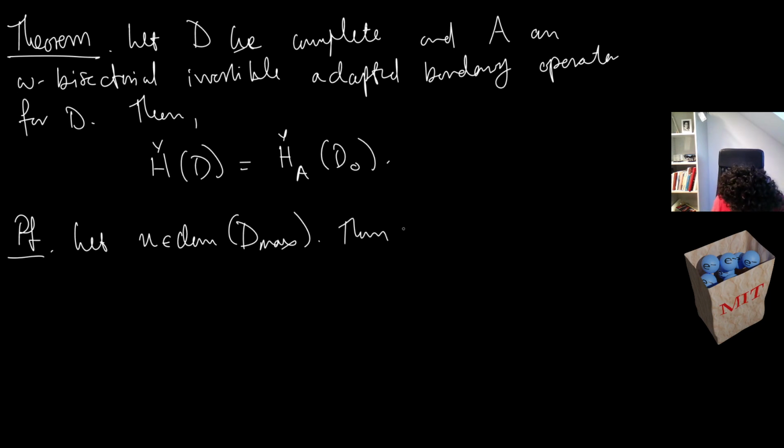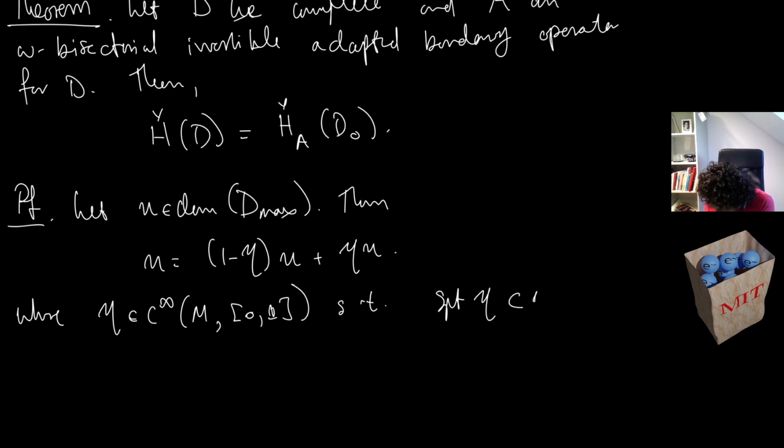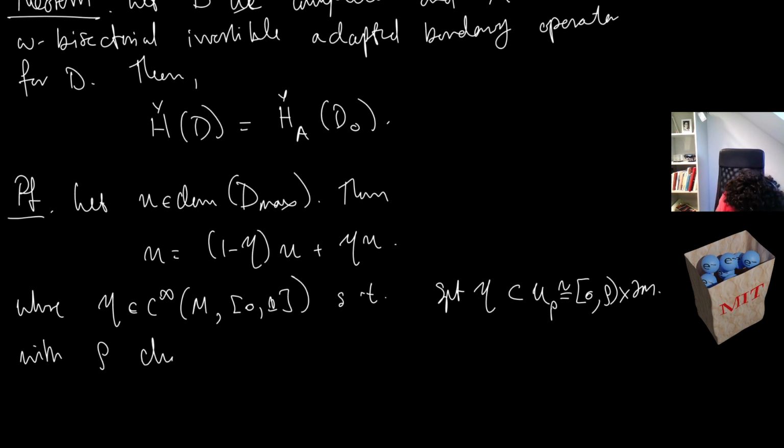Then U equals (1 minus eta) U plus eta U, so my U's and etas are looking the same again, where eta is a smooth, compactly supported function on M, landing in [0,1], such that the support of eta is contained in this U_rho, which is diffeomorphic to (0,rho) cross the boundary, so near the cylinder, with rho chosen as previously.